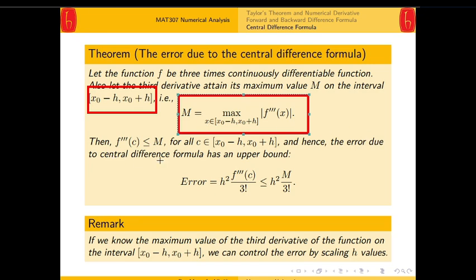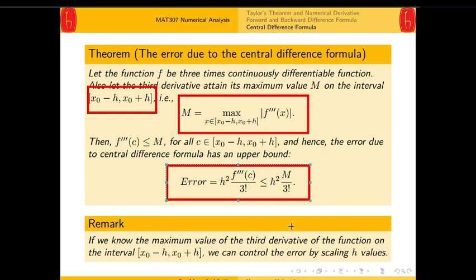So the error due to the central difference formula can be bounded by this quantity, because error is equal to h squared times the third derivative of the function at c divided by 3 factorial, and we know this is less than M, so the error will be less than h squared times M divided by 3 factorial. Okay, so this will be an upper bound for error.